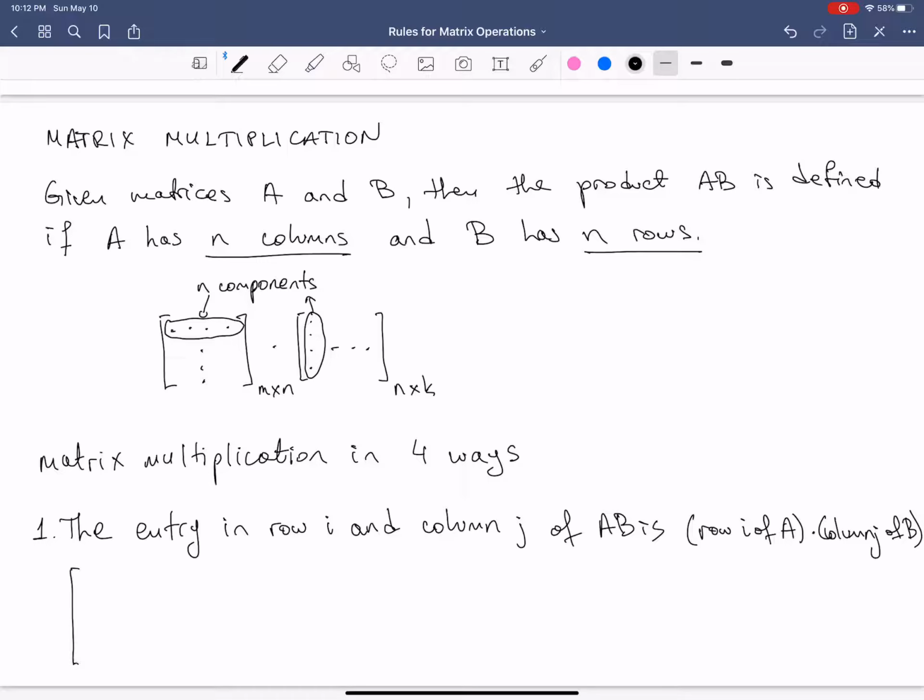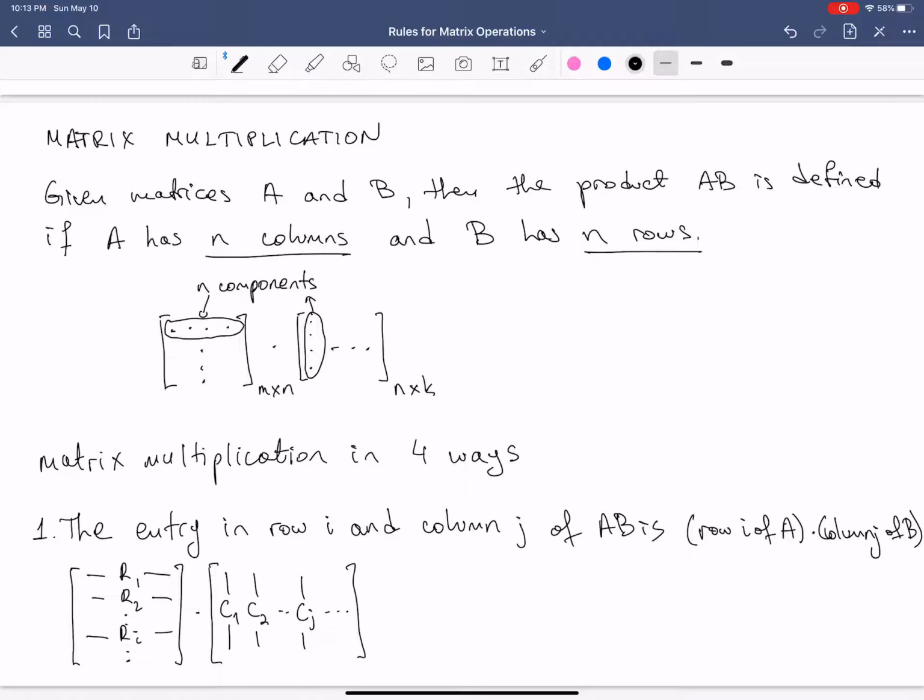Let me represent A through its rows. So let me say here row 1, row 2, row I, and so on, times, and now I will represent B through its columns. So C1 would be the first column of B, C2 would be the second column of B, then CJ would be the jth column of B, and so on. Don't know how many there are.